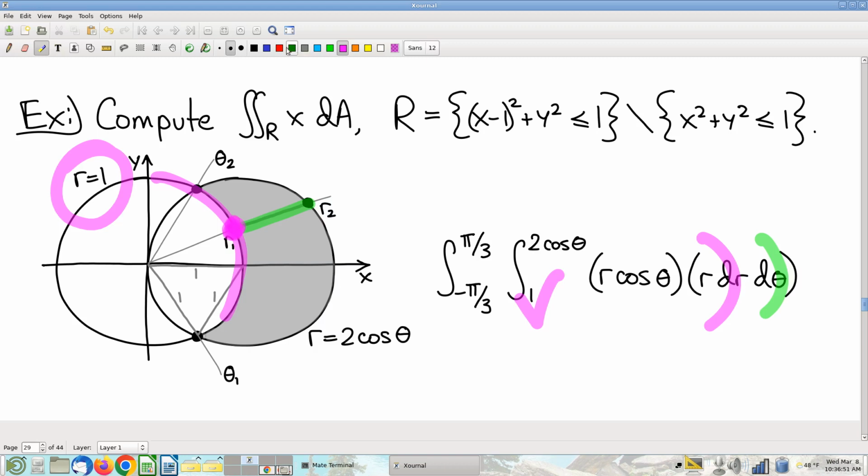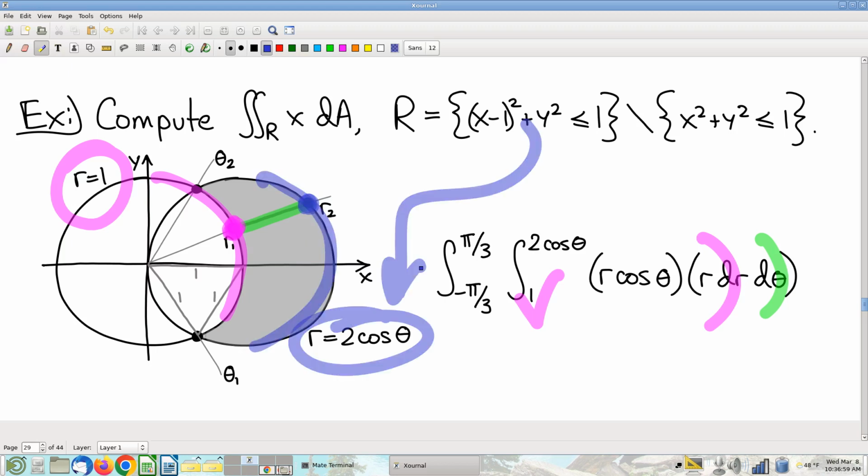And then our last value of r is going to come from that point, which is on that curve, which has, again, that equation. There's no way of getting around the fact that you are going to have to do a little bit of that algebra also. Solve for r, because we're looking for r bounds, and then r is that. So we have our bounds, and we're in business.